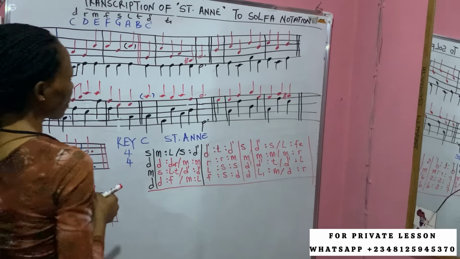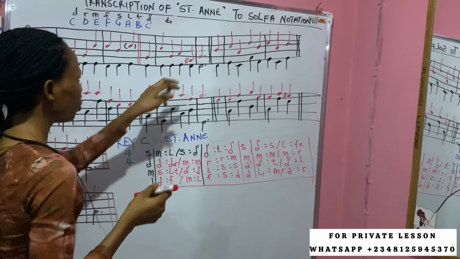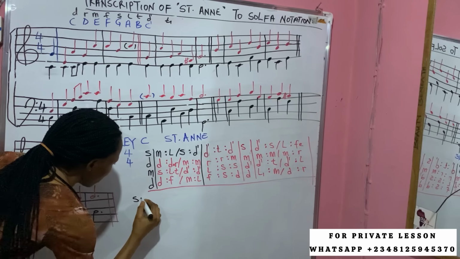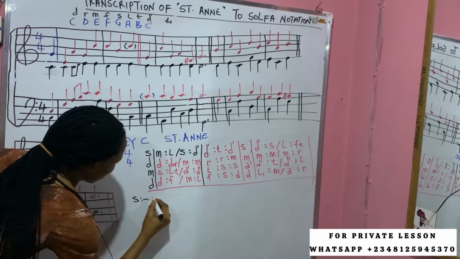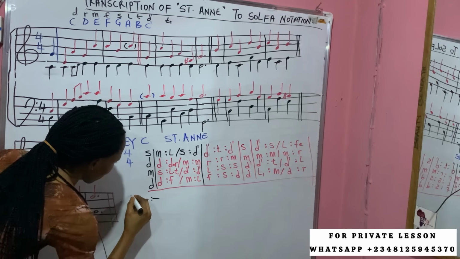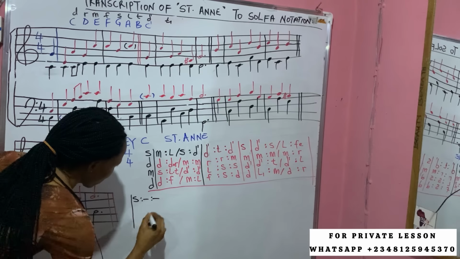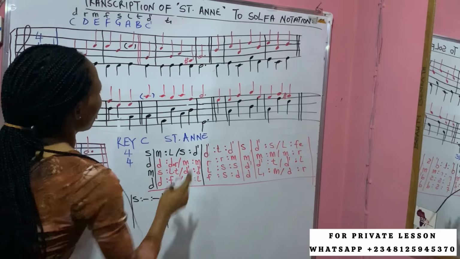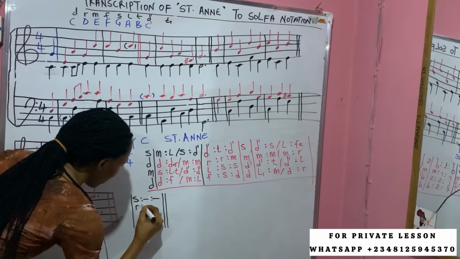The next part we have here is G, and G is 3 beats here, so it's going to be 1, 2, 3. Then we have D as Re for the alto.